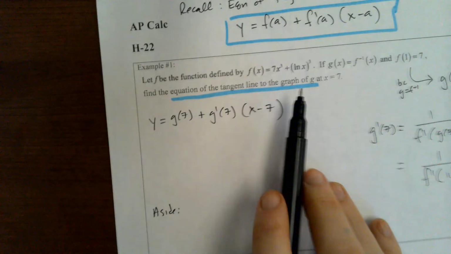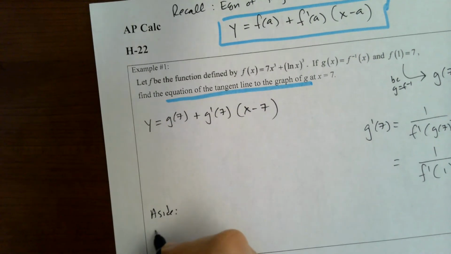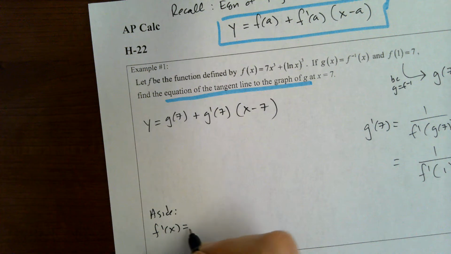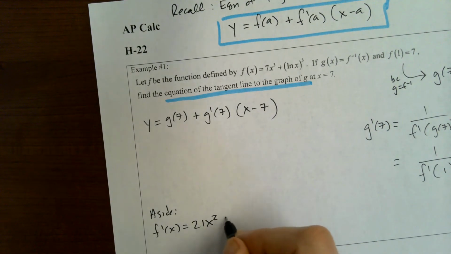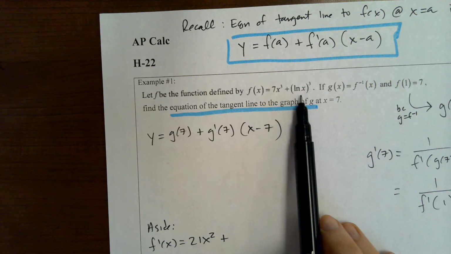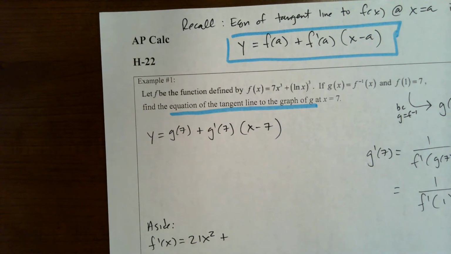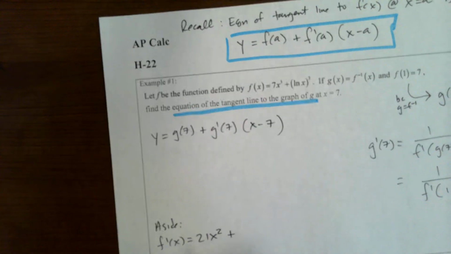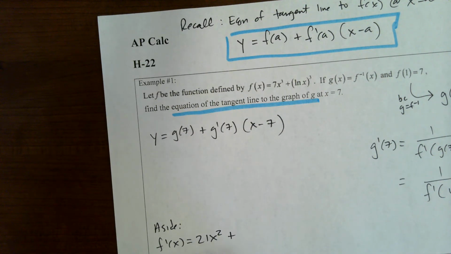when I find f prime. So f prime of x is equal to 21x squared plus, guys, for the natural log to the third, you need chain rule, okay? You need chain rule. So, I don't know, where should I do it? I guess I'll do it like here, in, out.